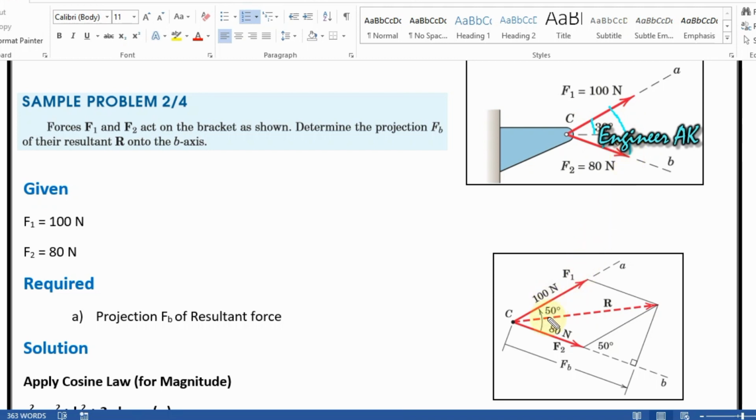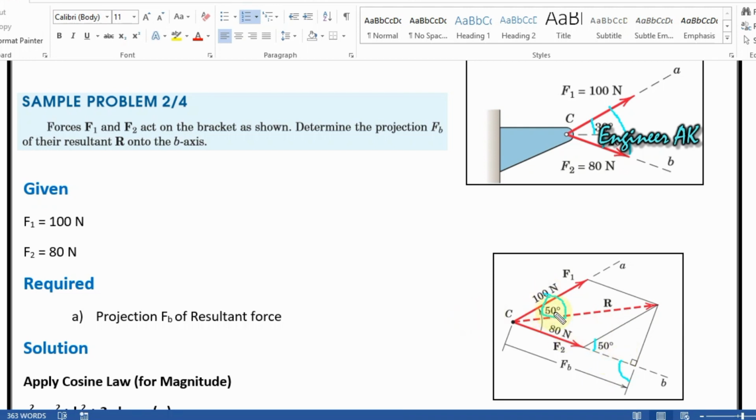That's why here it is written 50. And I have told you, if there is a straight line and here it is a 50 degree angle, obviously here it will be 50 degrees as well, and here also 50.